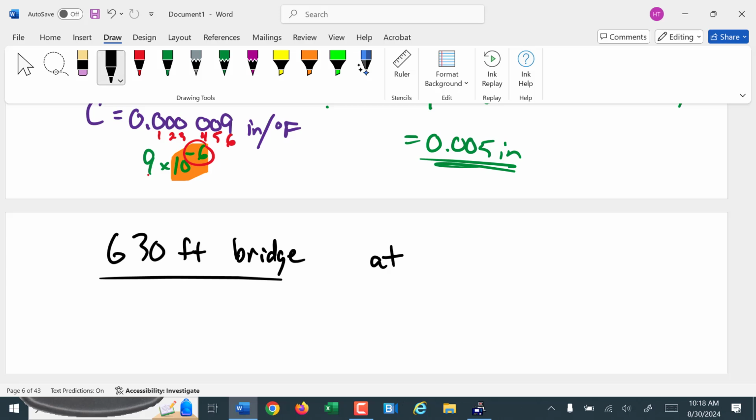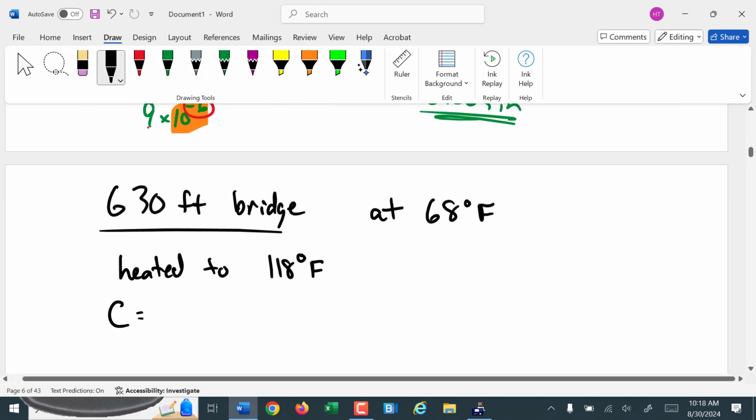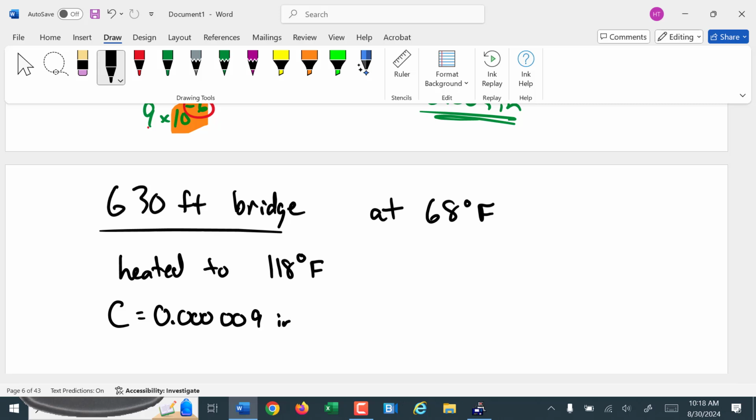Let's say I have a 630-foot bridge. We don't have to convert, we can do it in feet. So a 630-foot bridge at 68 degrees Fahrenheit, in the sun, can get up to, we're going to say, 118 degrees Fahrenheit.